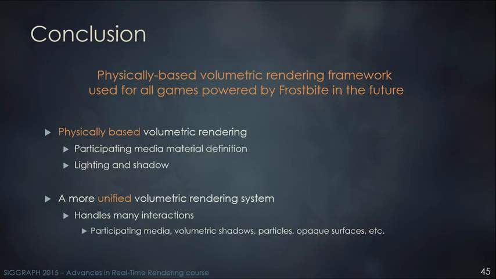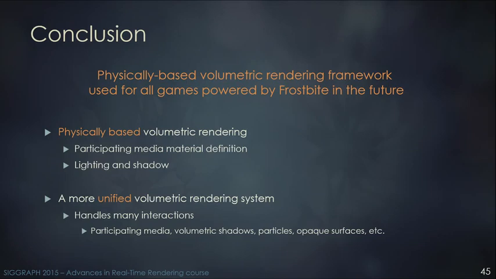Okay, so what I just presented to you is the physically based volumetric rendering framework we have added in Frostbite that will be used for all our games in the future, for all EA games. It's physically based, by which I mean we have physically based material properties, and decoupled lighting and material evaluation.